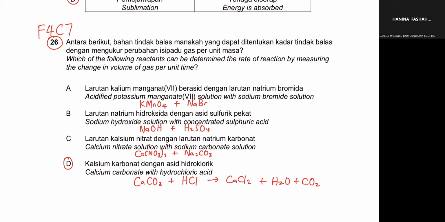So you can collect the gas. How much gas is produced? Also, you can calculate how much mass of calcium carbonate is lost. Others are not related to volume, because others are not producing gas over time. It means they want to collect gas, right?